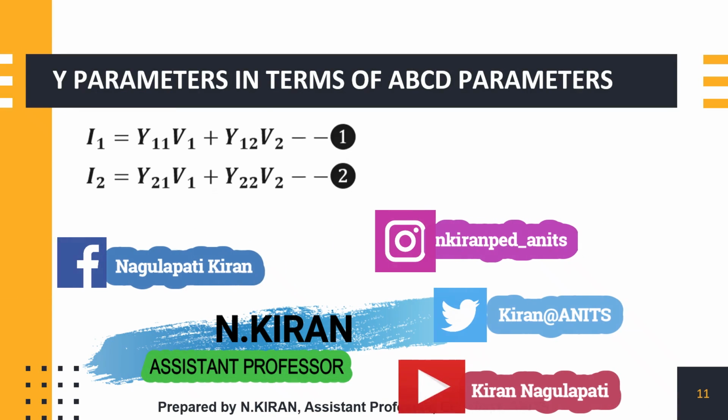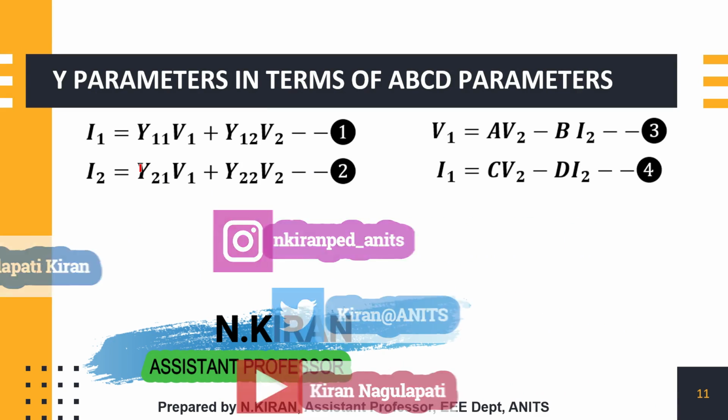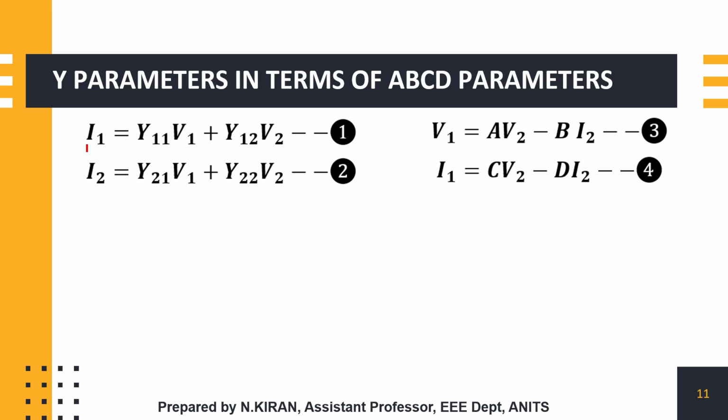So Y parameters in terms of ABCD parameters. After writing the standard equations, when I compare and see the variables I1, V1, V2, I1, V1, V2, these are not compatible. So let me consider the second equation, I2, V1, V2, I2, V1, V2.